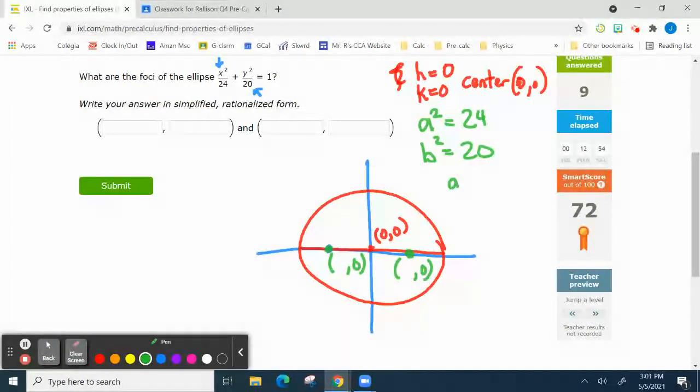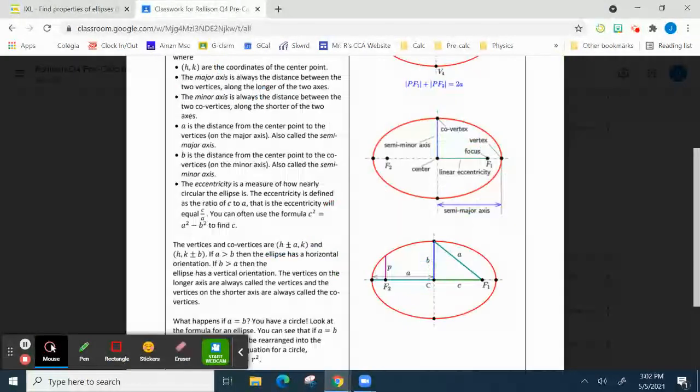Which means A equals the square root of 24 and B equals the square root of 20. And now what we need to do is find the distance from the center to the focus. So let's go back and take a look at this and see what we got.